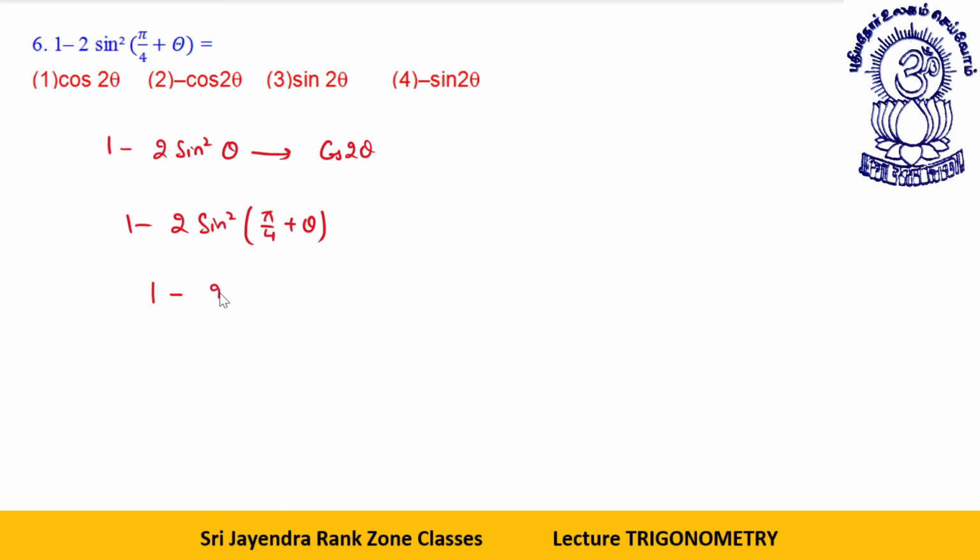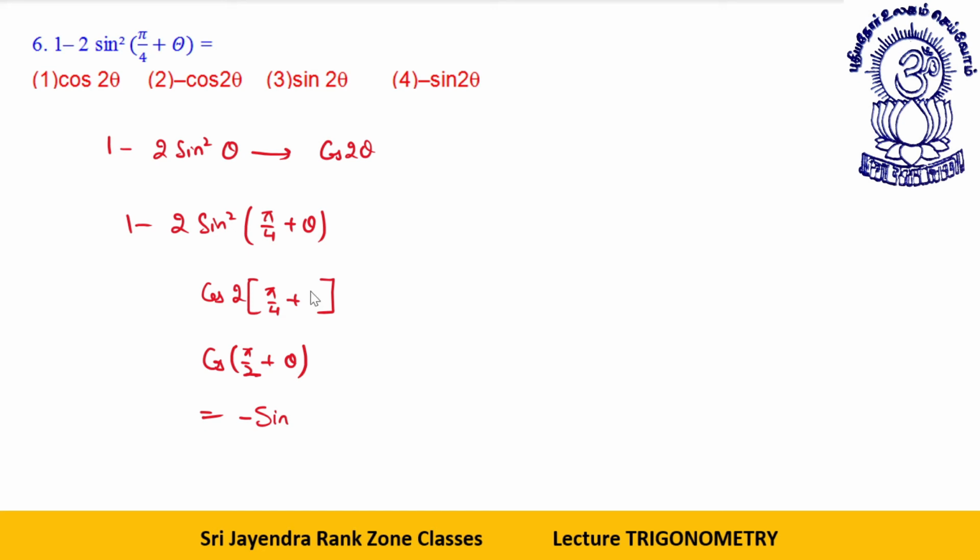This becomes cos 2 theta, so it will be total cos of pi by 2 plus theta. Cos pi by 2 plus theta means cos 90 plus theta, or I can say minus of sine 2 theta. Everywhere there will be a 2 theta.